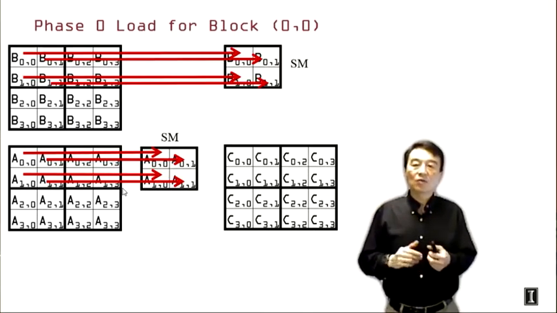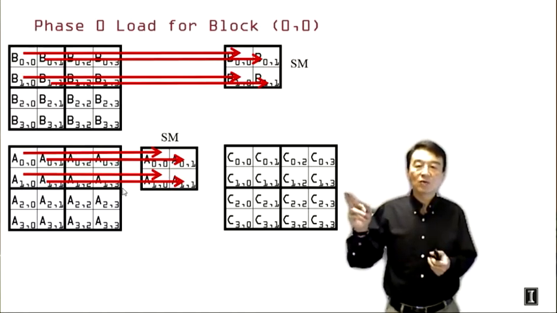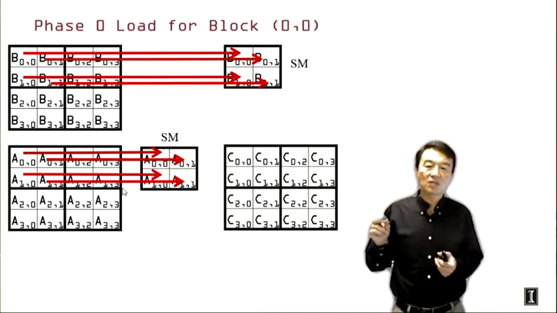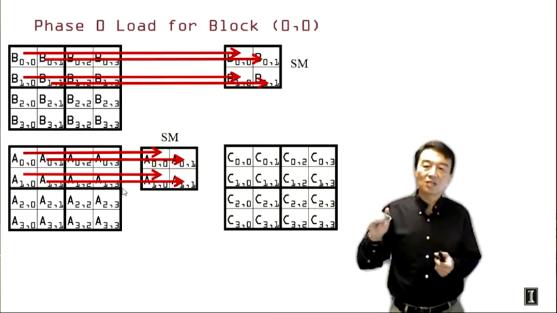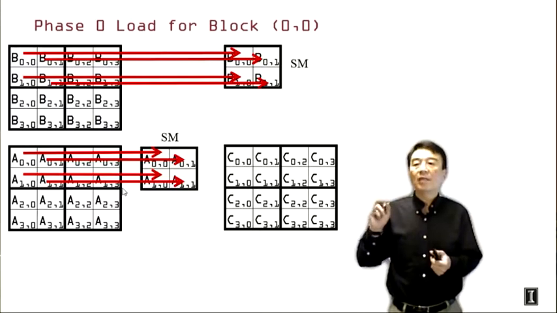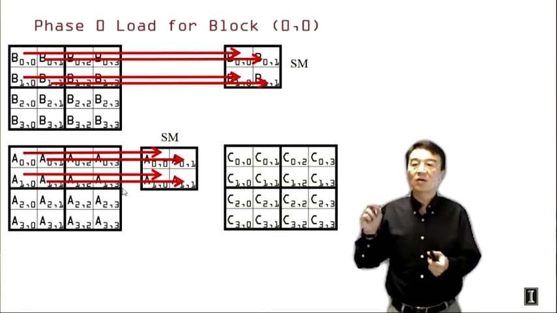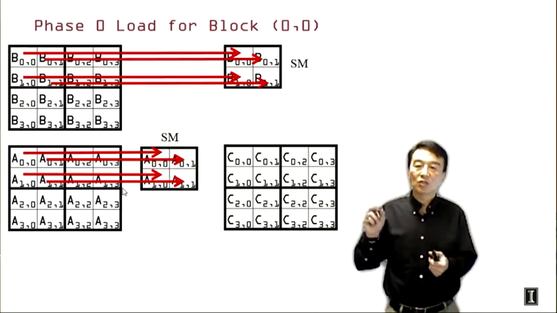So what we can do is have every thread that is responsible for generating the C elements in the upper left corner also load the same relative position element of A and B. So for example, thread 0, 0 is going to be generating C 0, 0. And during the phased execution, we're also going to have thread 0, 0 load A 0, 0 and B 0, 0 into the shared memory.